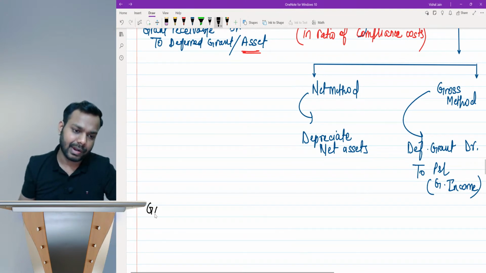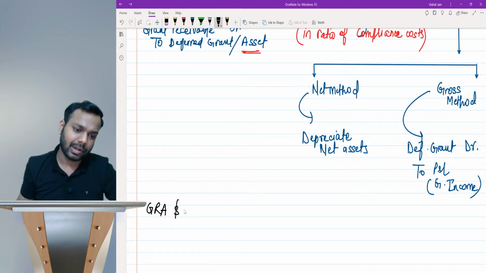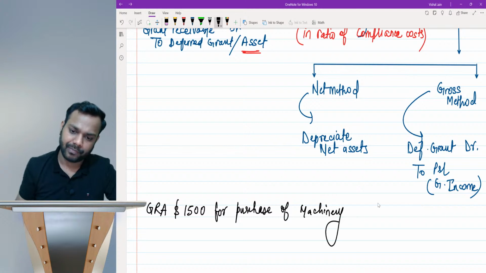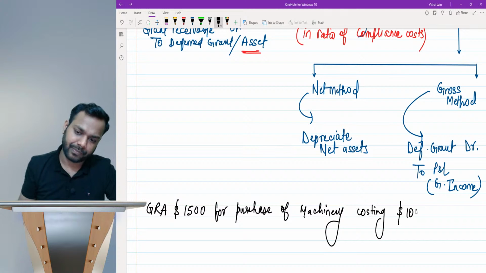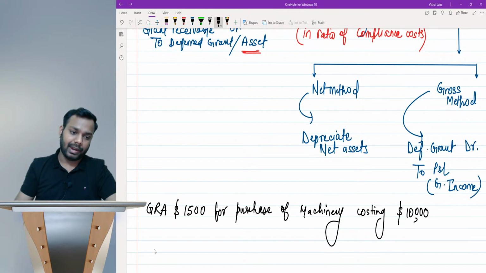I received a grant related to asset of $1,500 for purchase of machinery costing $10,000. Now, how will I do it in the net method and in the gross method?